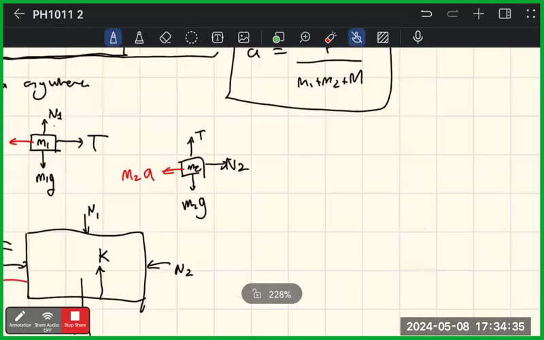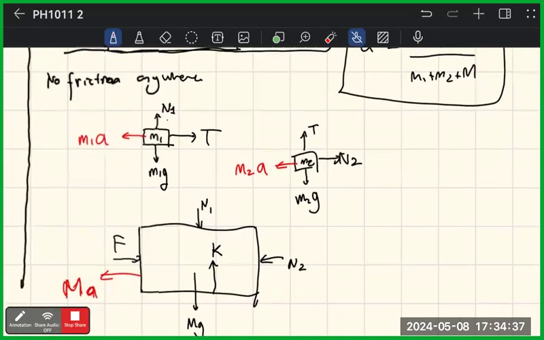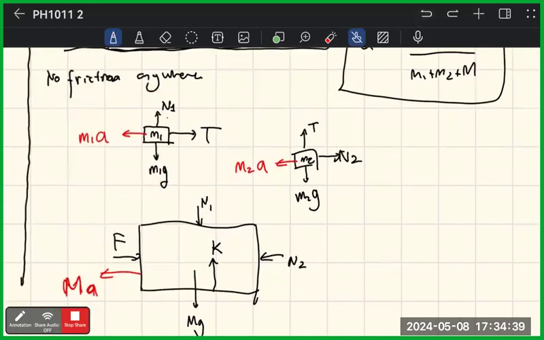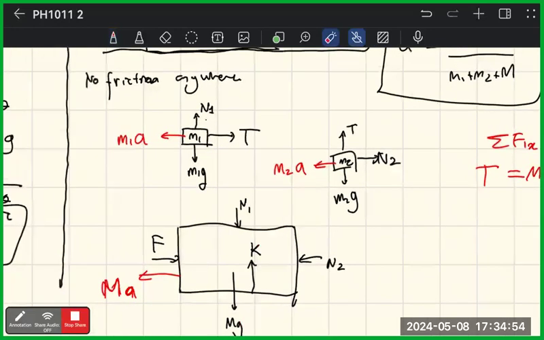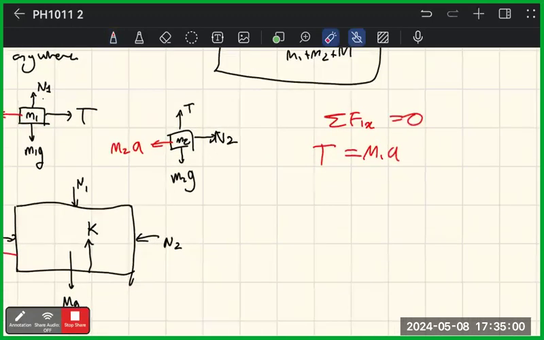Okay, so for m1 we'll just see the horizontal: sigma F1x equals 0, so T equals m1a, because m1a is dragging leftwards and T is dragging rightwards. It has to be the same, right?